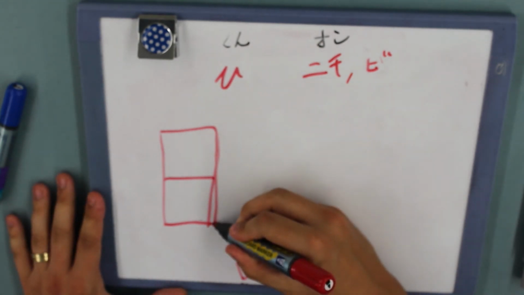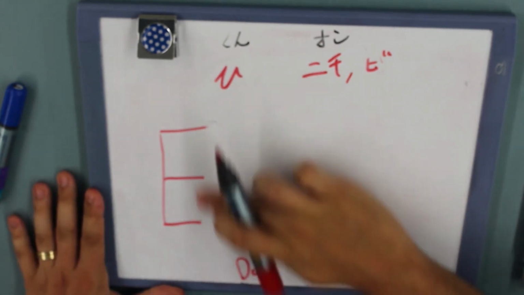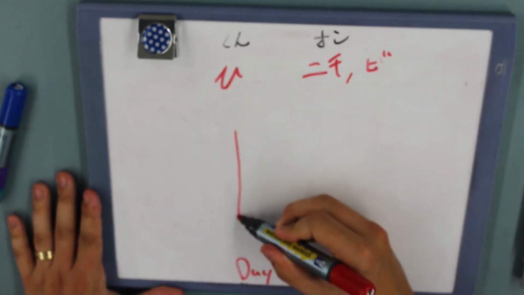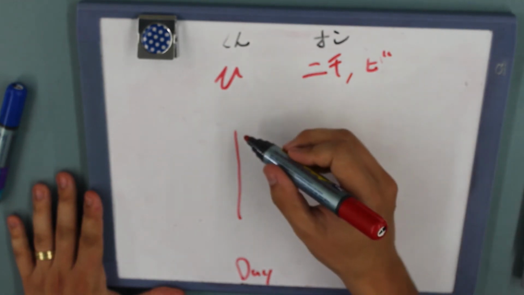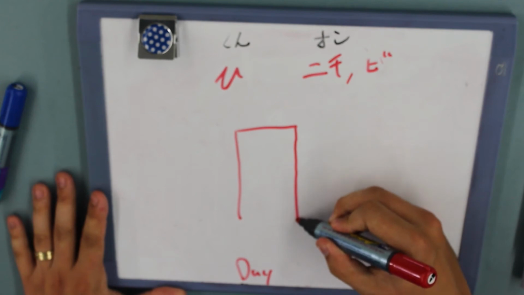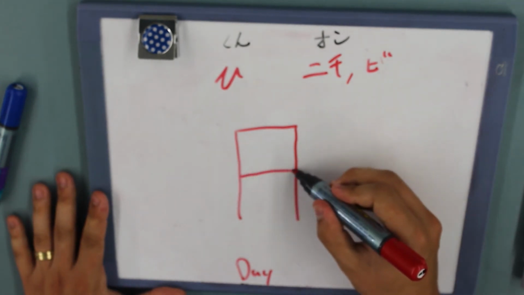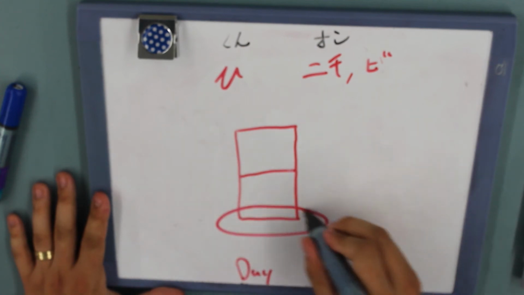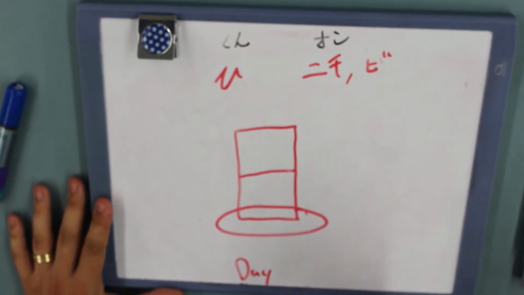So here, hi by itself means day, and we'll go through the stroke order. Start off with the long vertical stroke, the horizontal stroke going across, and then down, a stroke running through the middle, and then finally closing the box off. You always need to close the box off last because you can't put anything in the box if it's closed.